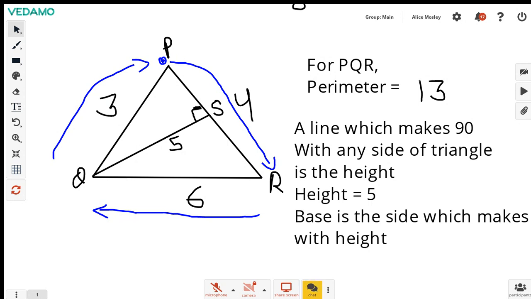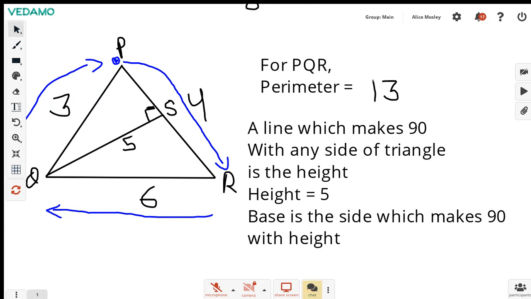And now another line of wisdom. Base is the side which makes 90 degree with the height. Base is the side which makes 90 degree with the height. Everyone understood these 2 points?